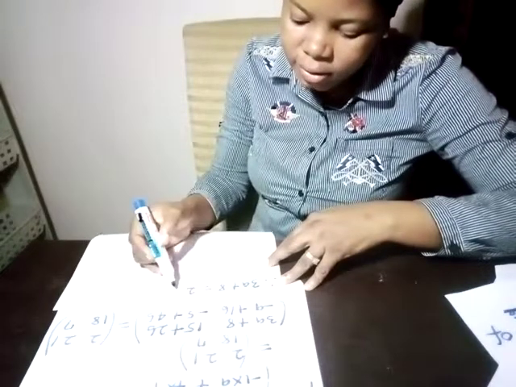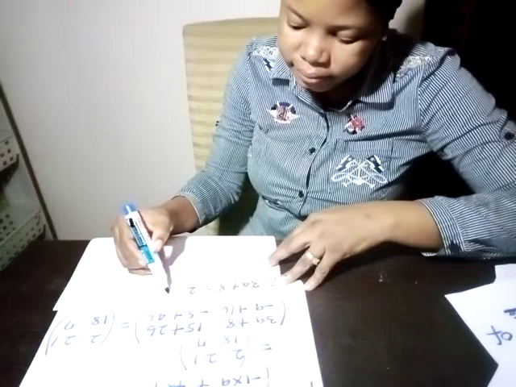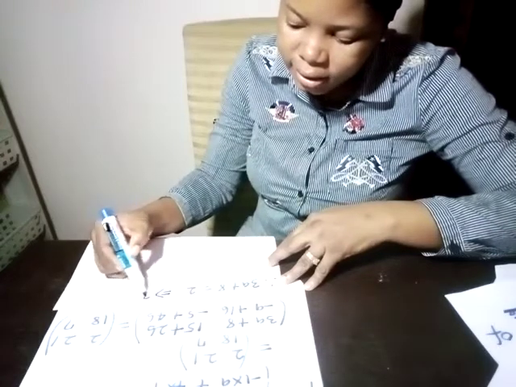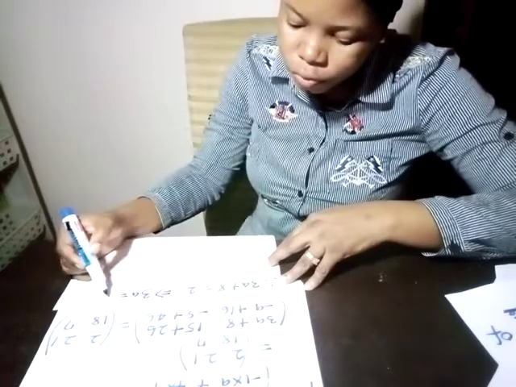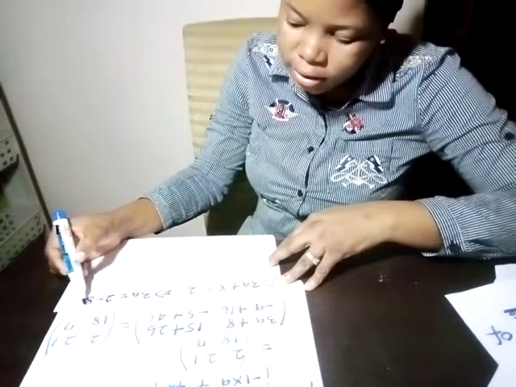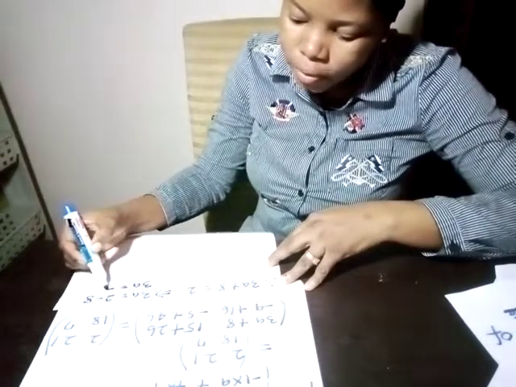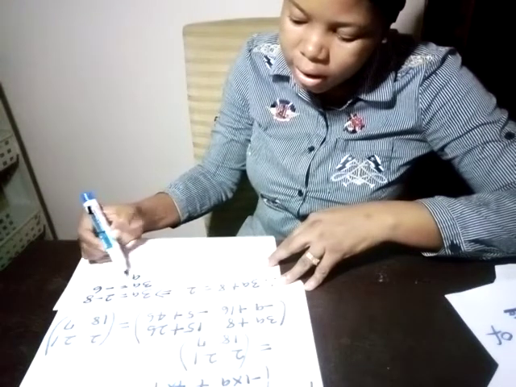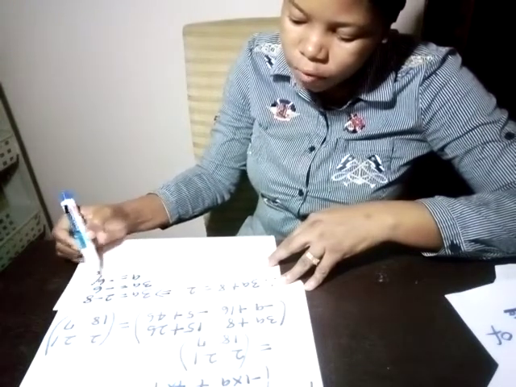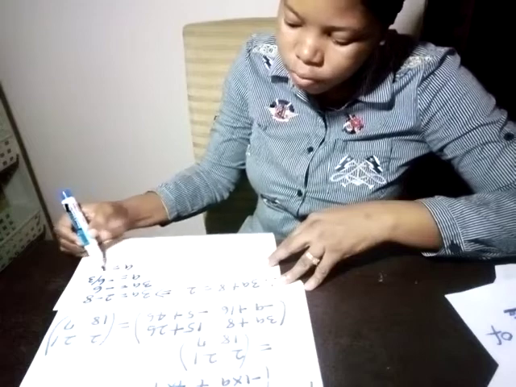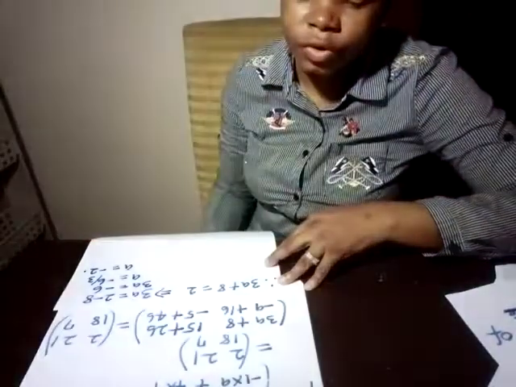If I take this to the other side, it implies that 3a equals 2 minus 8. Therefore, 3a equals minus 6. a equals minus 6 over 3. a equals minus 2. Do you see that now?